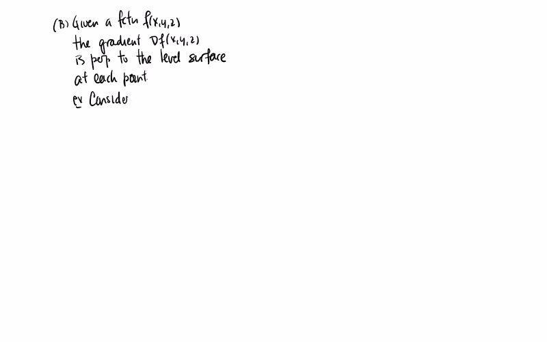So consider, say, f of x, y, z equals, say, x squared plus y squared. We'll do one that's familiar, minus z. And let's look at the point, say, 2, 3, 10.